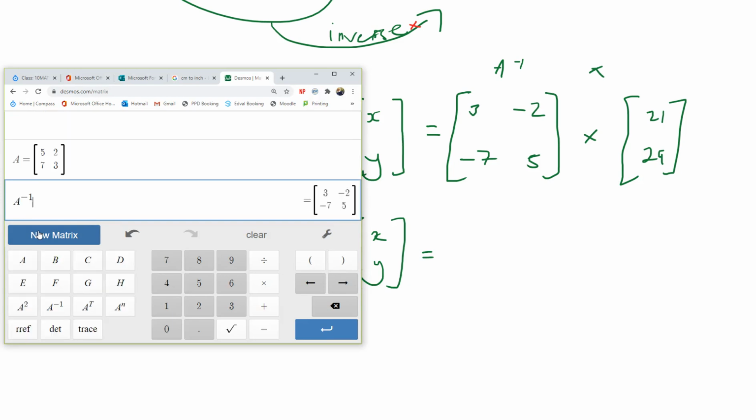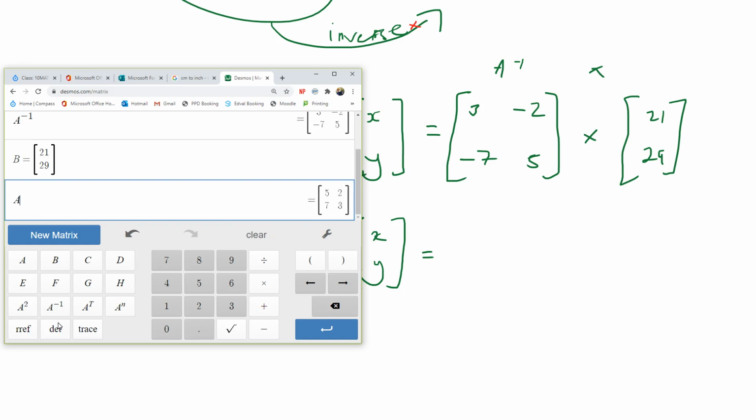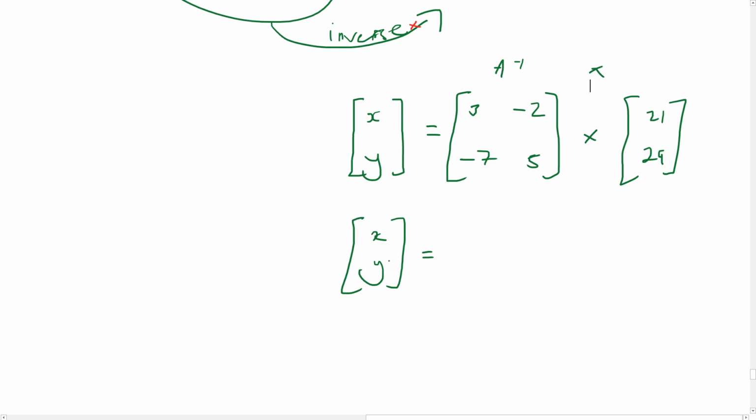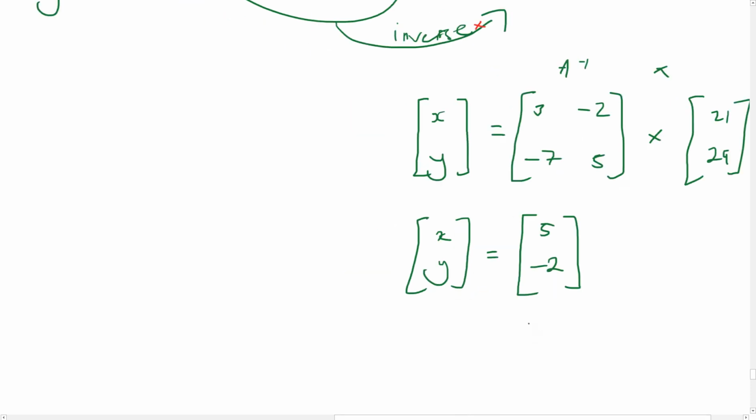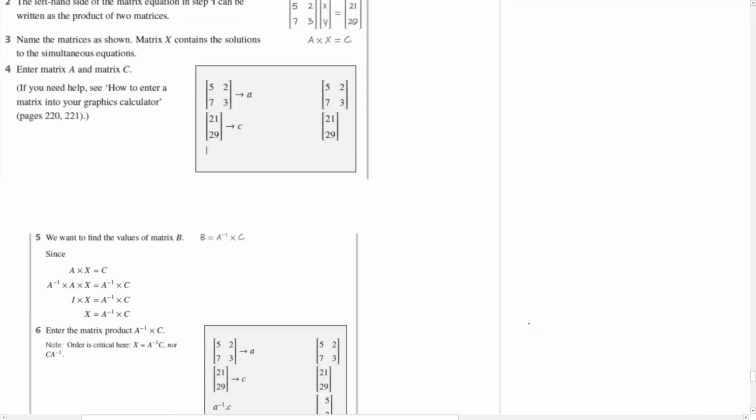In this case, I do have to write down the actual matrix for it. Let's call it matrix B: 21, 29. I think that's the annoying thing with using the app version. It's going to be A inverse multiplied by matrix B, which equals 5, -2. So that means the x and the y variables are 5 and -2. Okay, so it'll ask you what's the x and y variable, and that's that, 5 and -2.